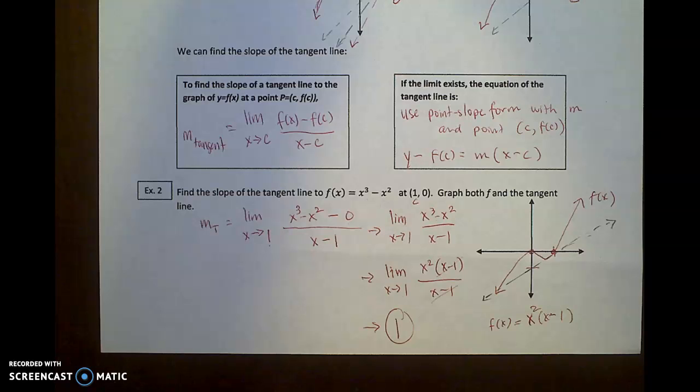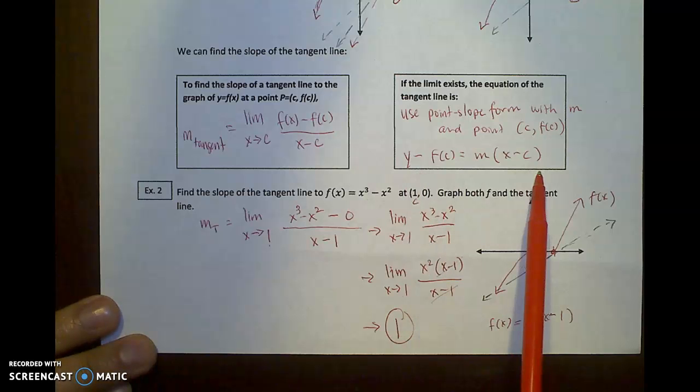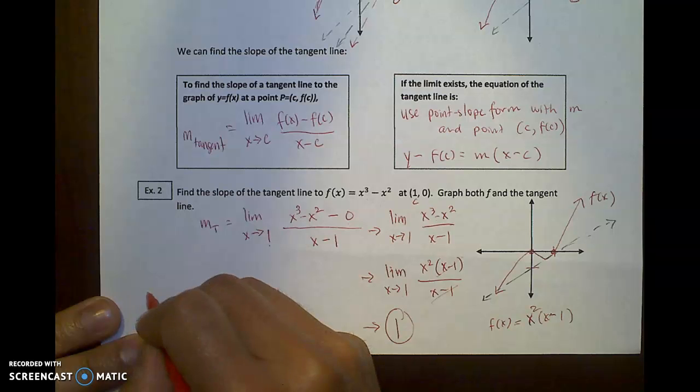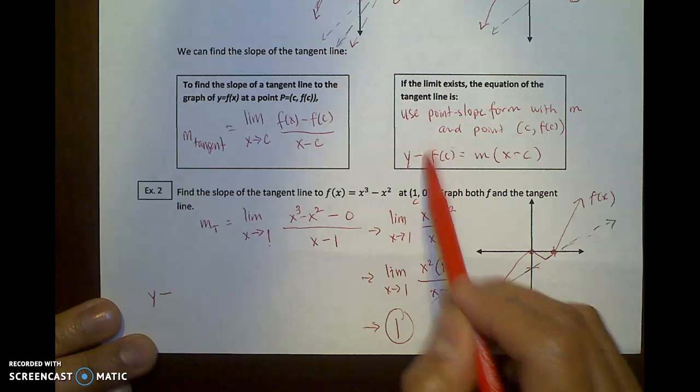Okay, so we're going to finish up this example by writing the equation of the tangent line. Then we're going to follow this format in point slope form. So writing the equation, it's going to be y minus the function evaluated at c.